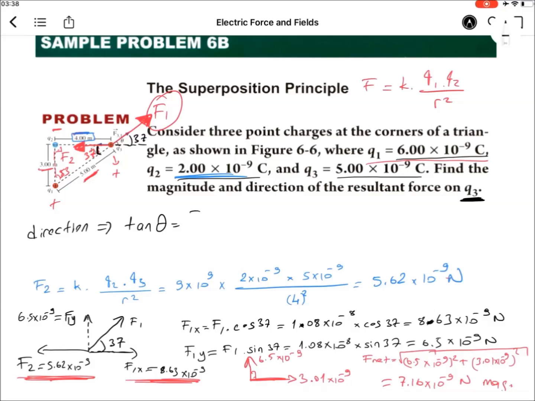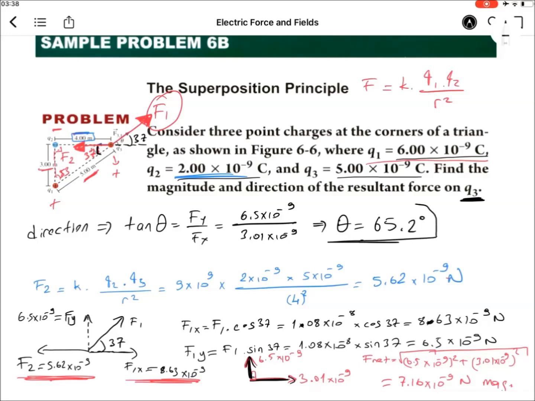Tangent theta is Fy over Fx, where the y component is 6.5 times 10 to the negative 9 over the x component, which is 3.01 times 10 to the negative 9. When you do it with the calculator, the angle is going to be 65.2 degrees. And this is the direction.